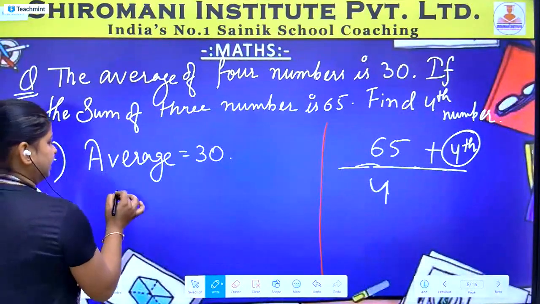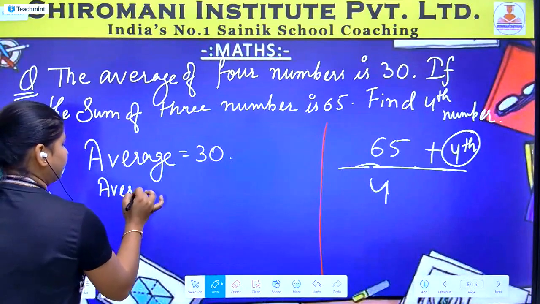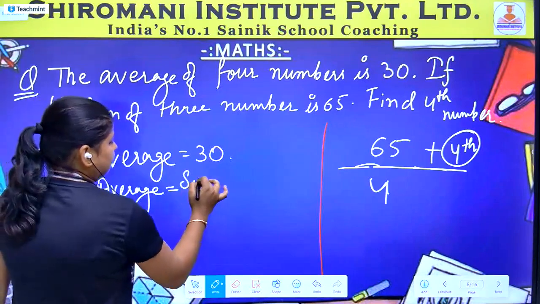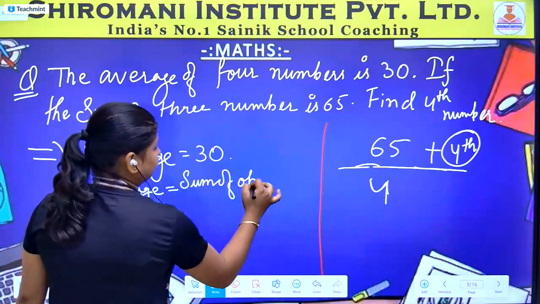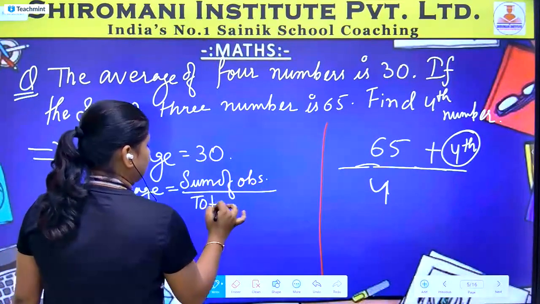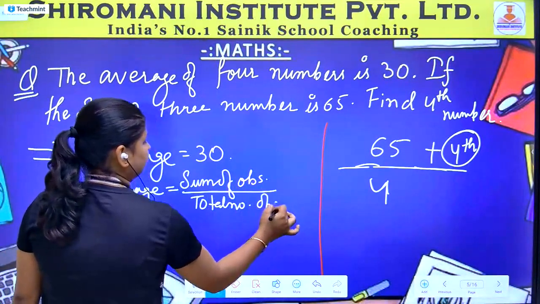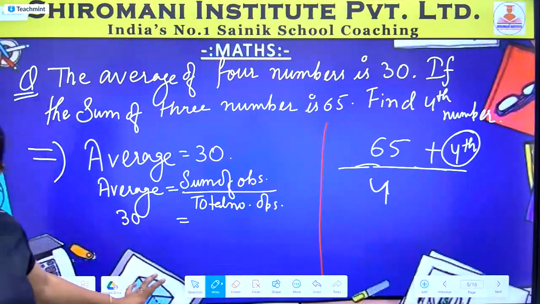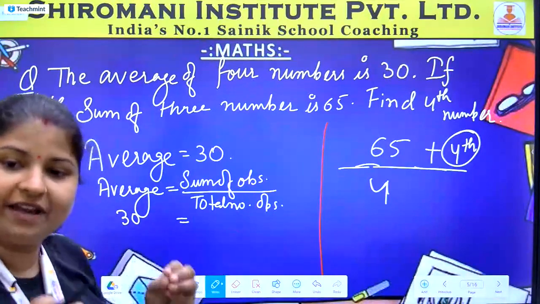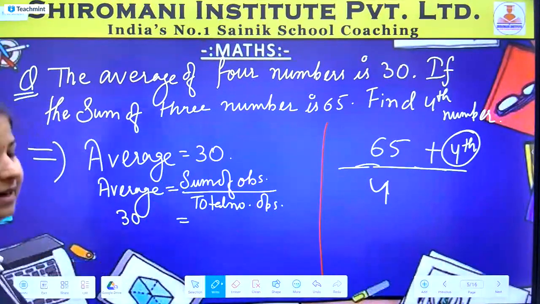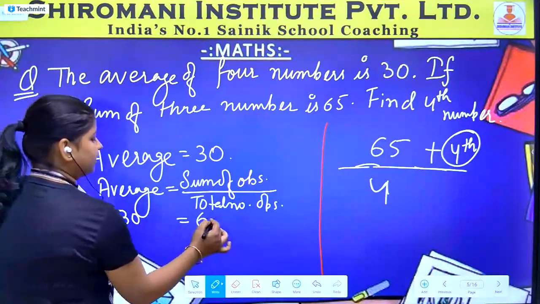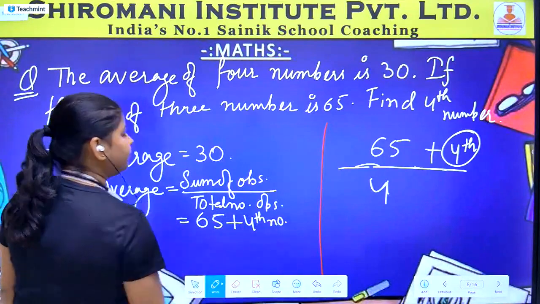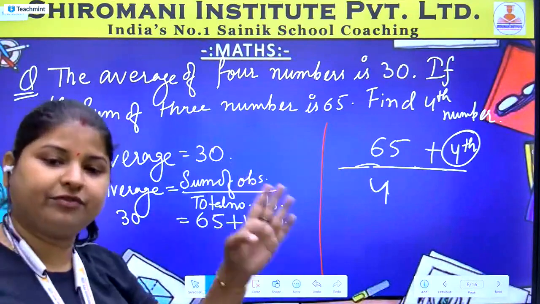Always remember that I know the formula for average. First I'm giving you the basic process: sum of observations by total number of observations. So in place of average you can write 30, because I know the value for average. Sum of observations is 65 plus the fourth number, because 65 is the value for the first, second and third numbers.